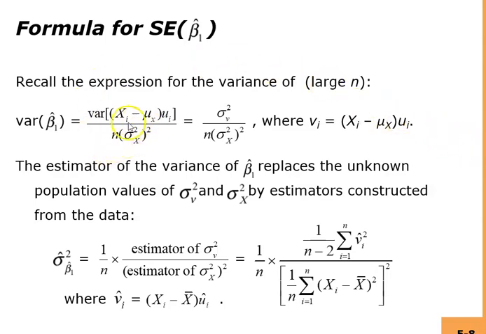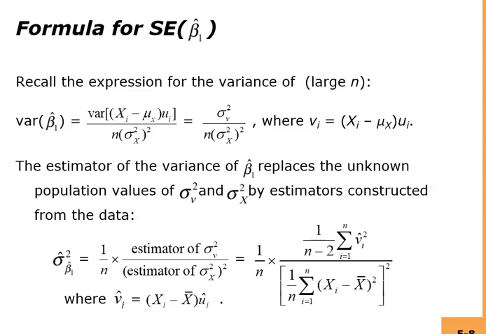Similarly, in the denominator we have the variance of x. If the variance of x is higher, the variance of beta 1 hat will be lower. That also makes sense, because if there is a greater spread in the values of x, it will be easier for us to draw a line of best fit through that scatter plot.